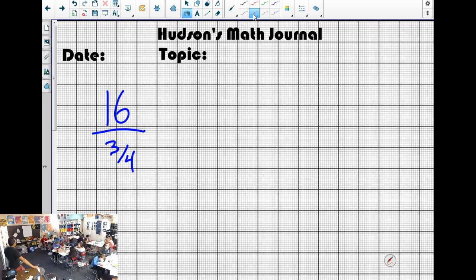So if I just had 16 over 3, would that be okay? Forget about whether I'm changing things or not. The problem is I have a number over a number that's being divided by another number.